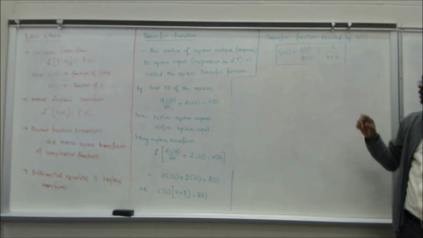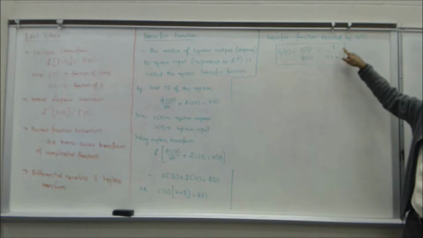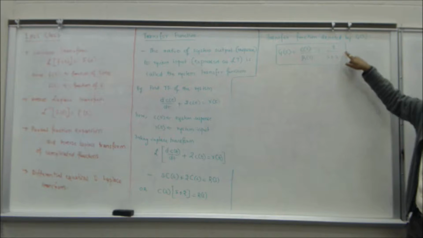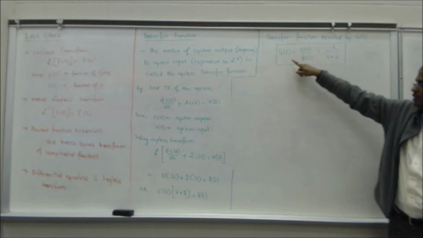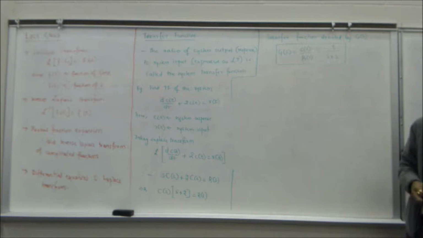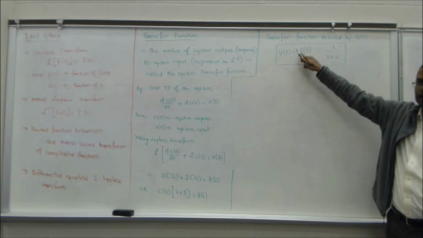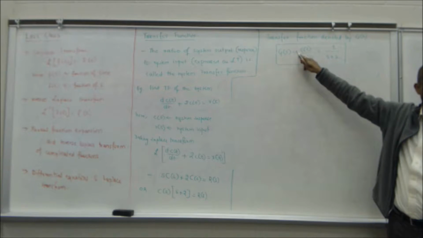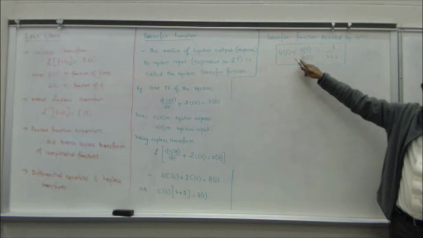All right. So what is this? This itself is G(s). Okay. This whole thing is G(s). It is a system input-output relationship. The system response is denoted by this. The system input is denoted by this.